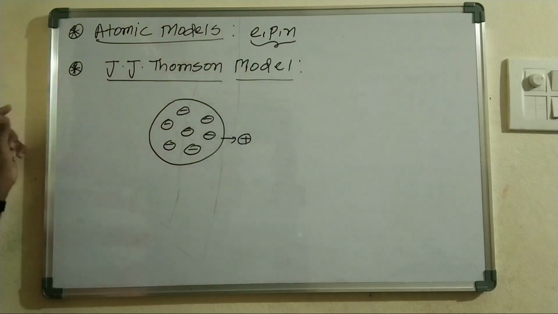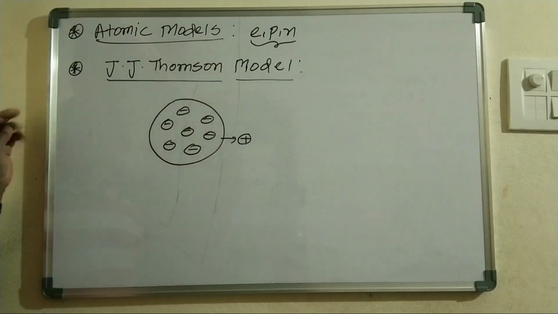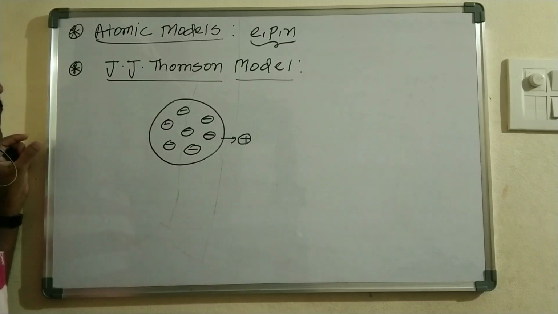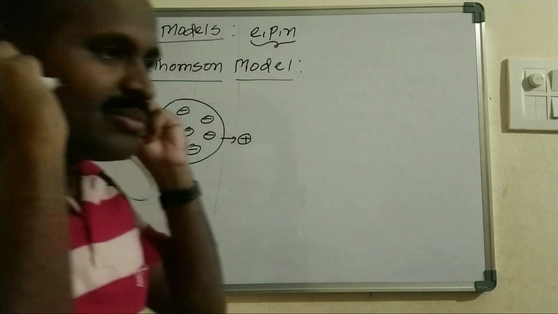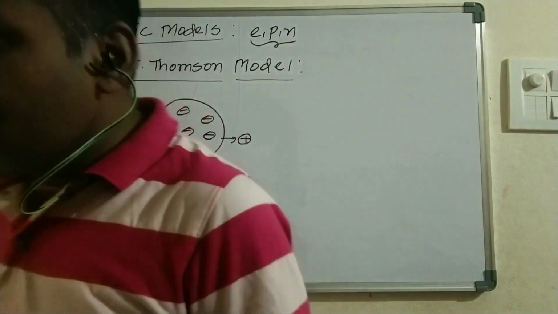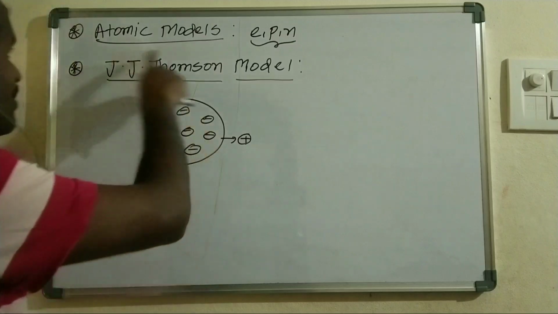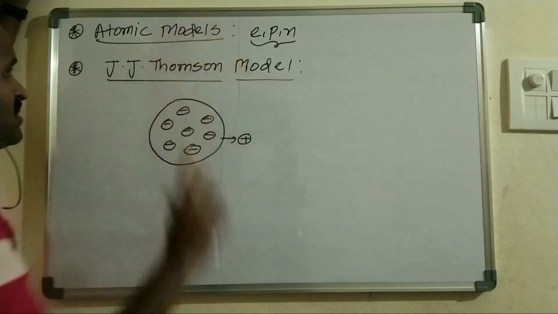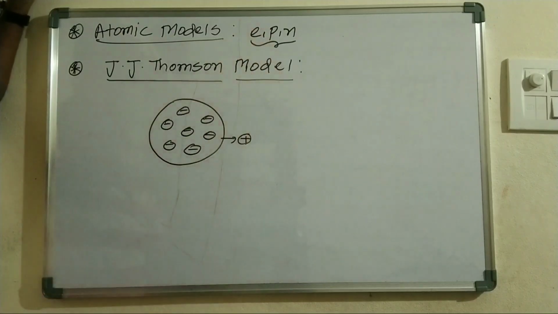These fundamental particles were arranged in different ways by different scientists, and the first scientist who gave an atomic model is J.J. Thomson. An atomic model is the arrangement of subatomic particles or fundamental particles of an atom.